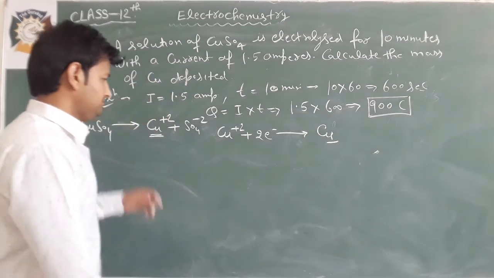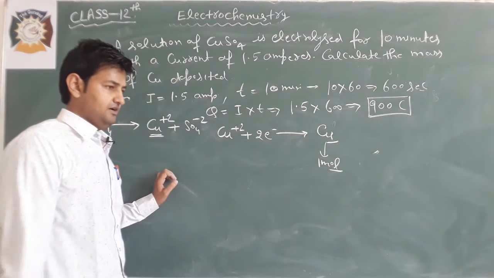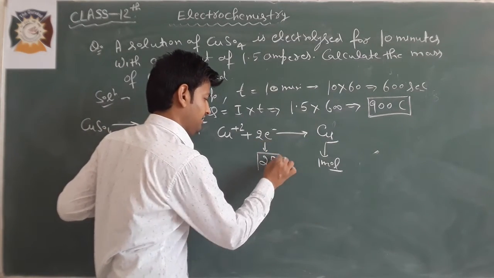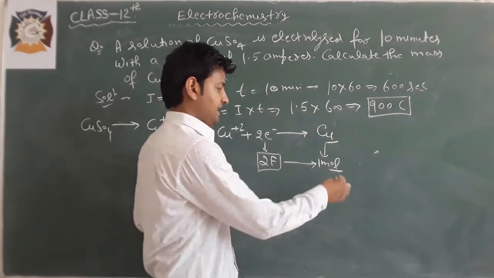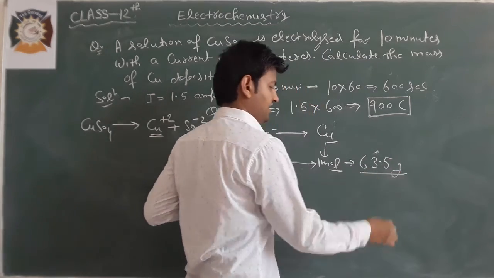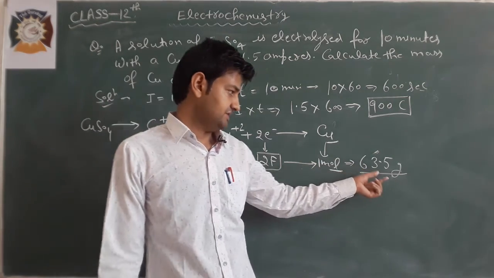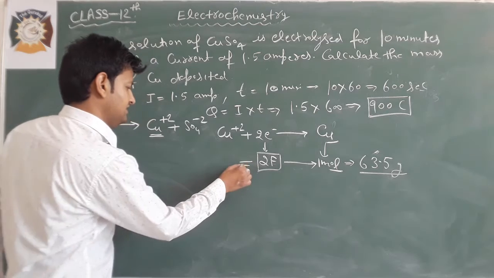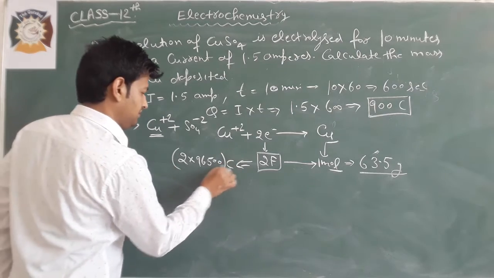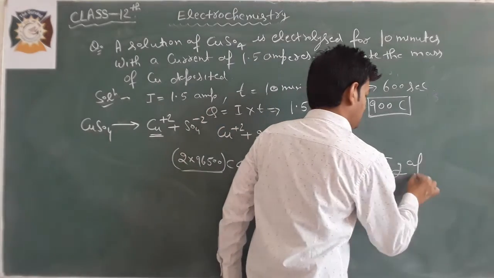If 1 mole of copper atoms is required for deposition, then 2 Faraday is required for 1 mole, and 1 mole means the atomic mass of copper, 63.5 gram. So we can say that 2 Faraday of charge deposits 63.5 gram. 2 Faraday means charge equal to 2 into 96500 coulomb. This charge deposits 63.5 gram of copper.